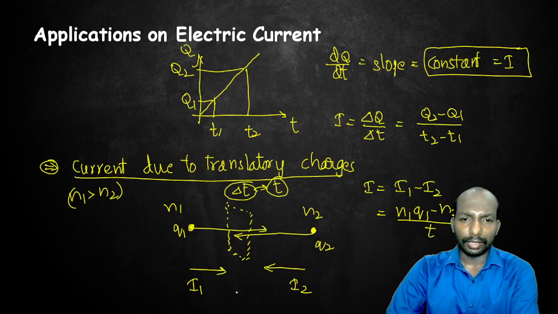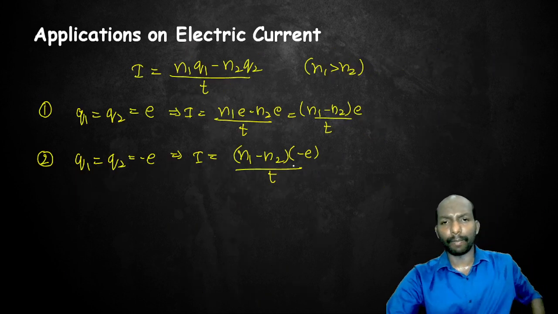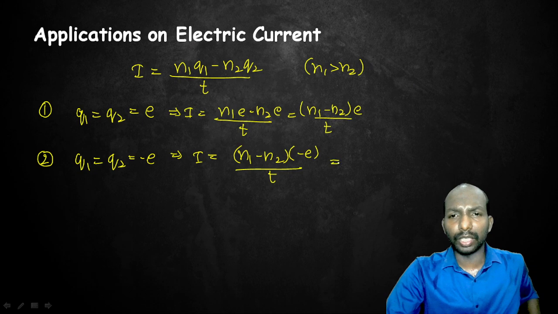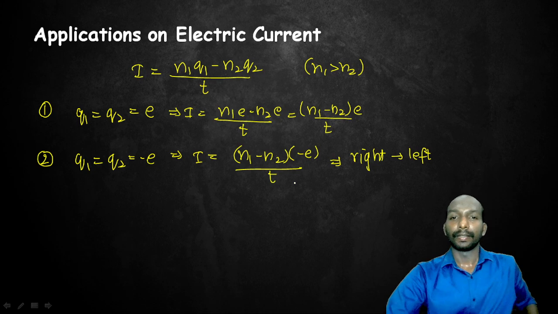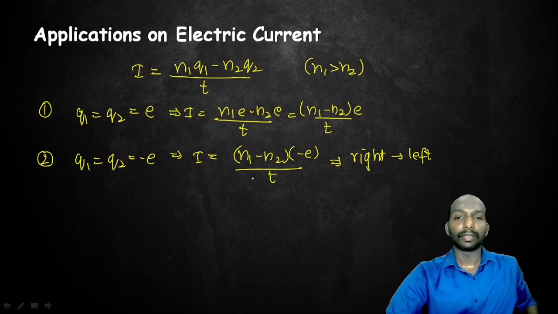That means the resultant current we assumed was from left to right, since I1 is greater. But in this case we are getting a negative value, which means the current is not from left to right, but from right to left. So that's why the sign is important.